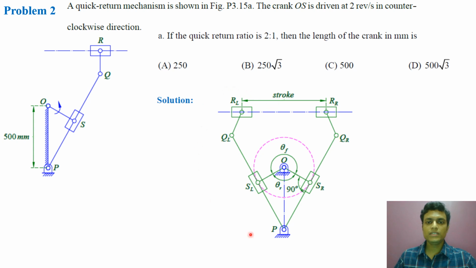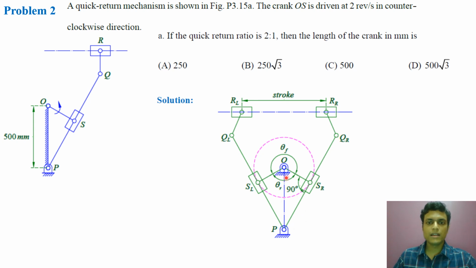So this I have explained to you before. These are the two extreme positions of the slider, and when the slider or tool holder is at the extreme right position, the oscillating link, that is link PQ, will be tangent to the circle generated by point S. So PQR is perpendicular to OSR, and angle POS is theta R by 2.